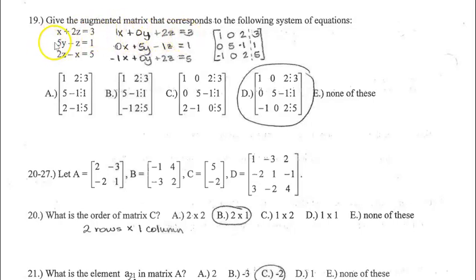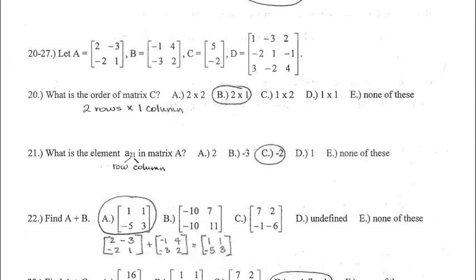And then no x, so 0x plus 5y minus 1z is equal to 1. And then here the x should come first, so negative 1x plus 0y plus 2z is equal to 5. Once I rewrite that system, it's easier to pull out the augmented matrix, which would be 1, 0, 2, 3, 0, 5, negative 1, 1, and then negative 1, 0, 2, 5. So that would be my augmented matrix.